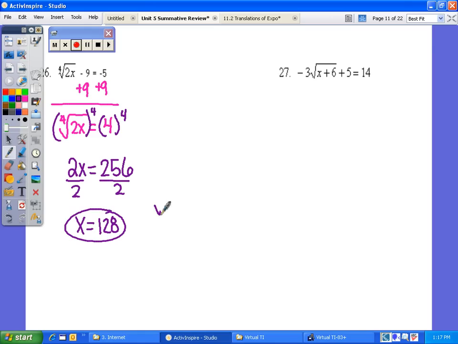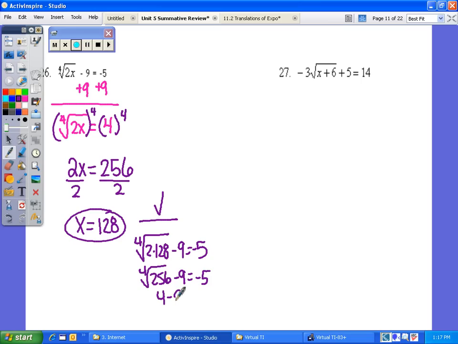Again, you want to check it to make sure that you did it right. So the 4th root of 256 is 4. And 4 minus 9 is negative 5. So that checks out.